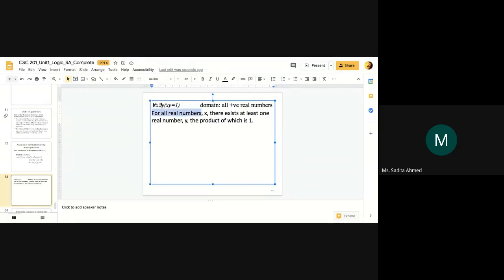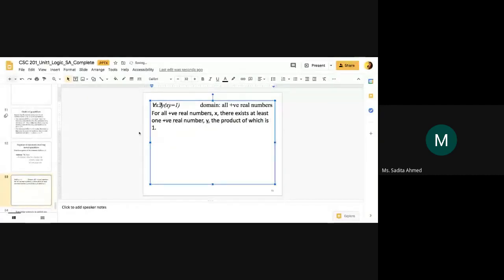Every single real number has at least one real number such that the product of the two will give us 1. Okay. Ma'am, when we say all real numbers here, we'll consider only positive ones, right? Yeah. Very good. Thank you for pointing that out. I should have written that as well.